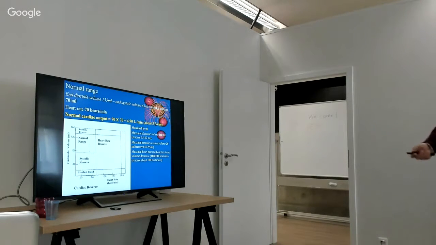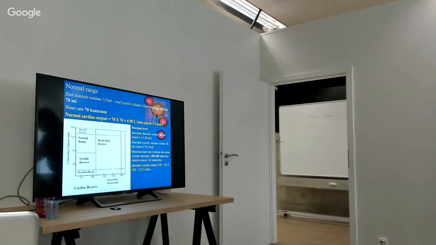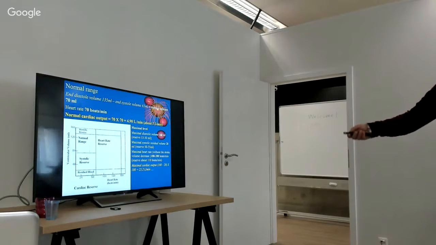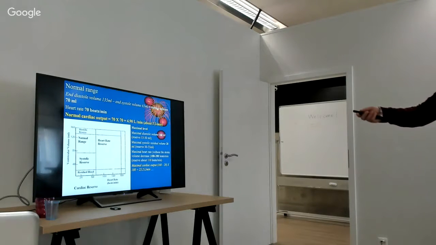Anyway, physiologically, during exercise, the minimal systolic residual volume is 20. The maximum heart rate is 180 to 200 beats. So if Giovanni exercises, he can have 25 liters per minute.